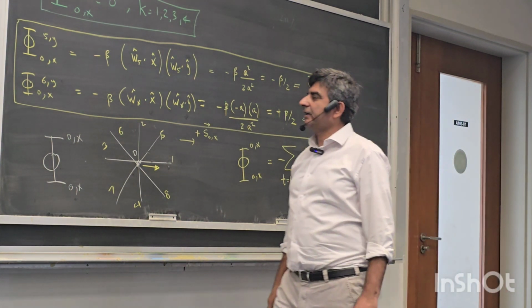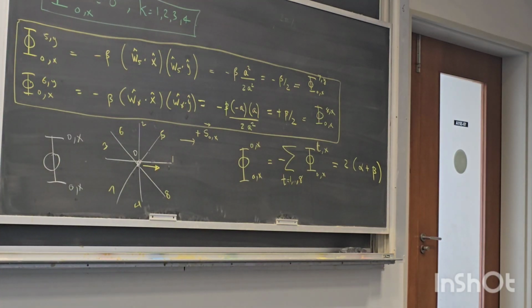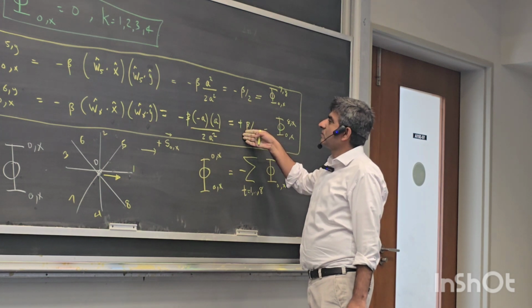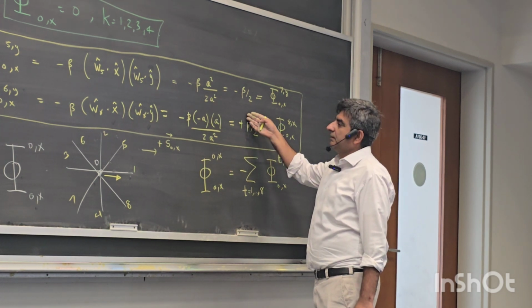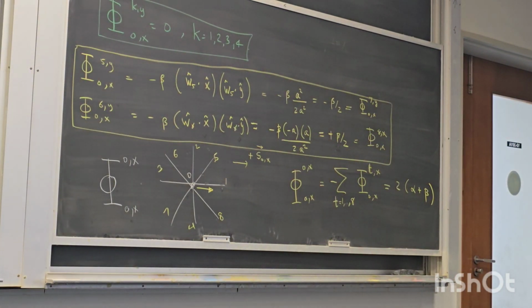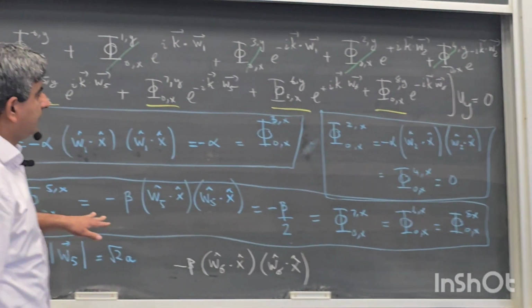Now a similar argument can be shown for 0x and 0y. 0x and 0y and 0x 1y.